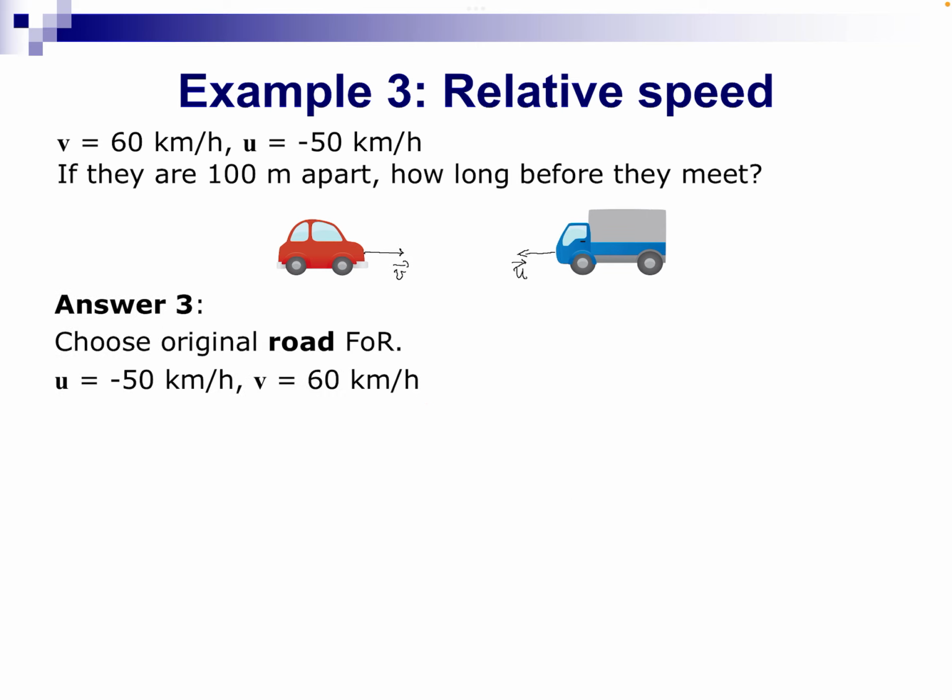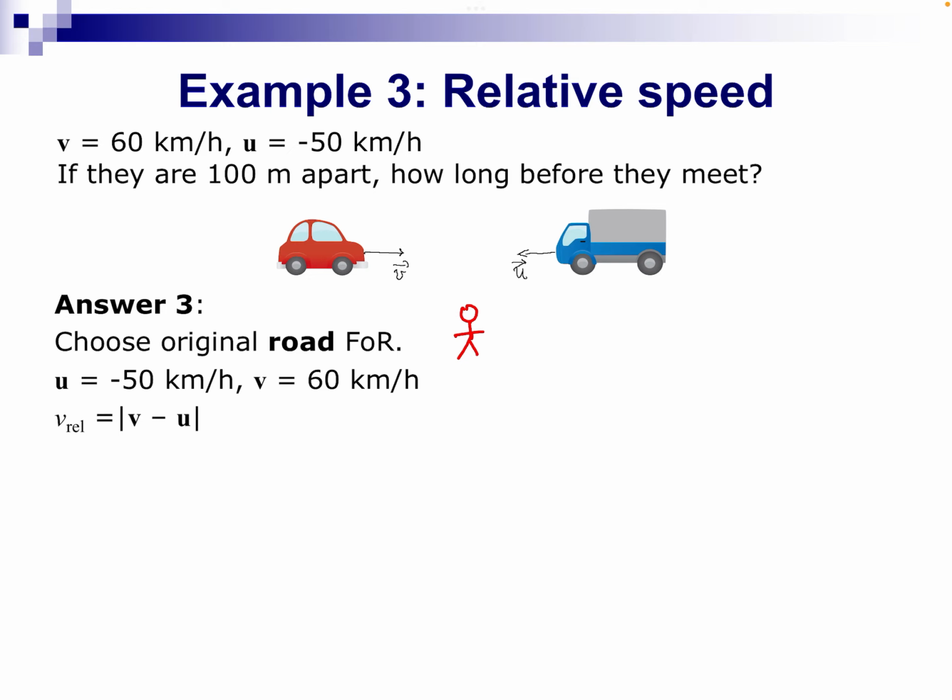You can also answer this question by choosing the road as the original frame of reference, meaning it will be a person standing on the side of the road observing these two vehicles approach each other. And so from the frame of reference of this person on the road, this person will see that the car is moving to the right and the truck is moving to the left. So the velocity of the truck will be negative 50 kilometers per hour and the velocity of the car is 60 kilometers per hour.